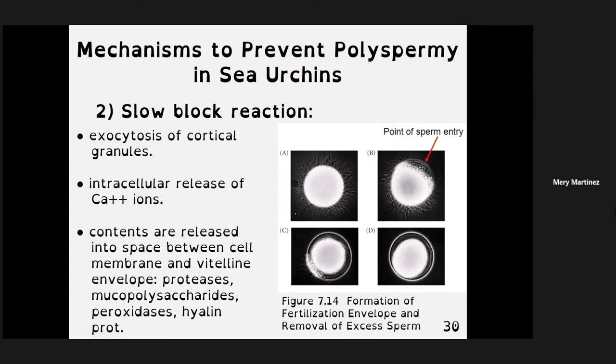The function of these proteases is to dissolve the protein that connects the vitelline envelope with the cell membrane. So this is the main function of these proteases. Remember, these want to have binding receptors that are clipped between the cell membrane and the vitelline envelope right here, okay?